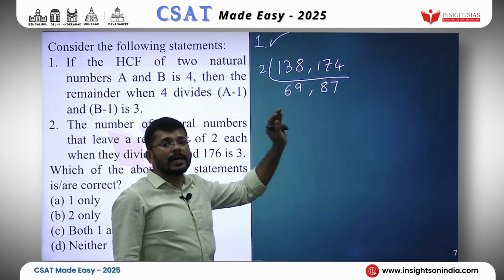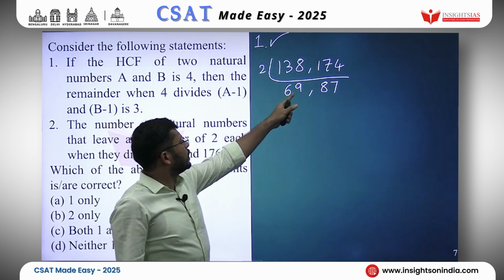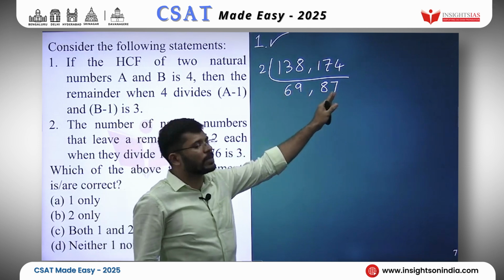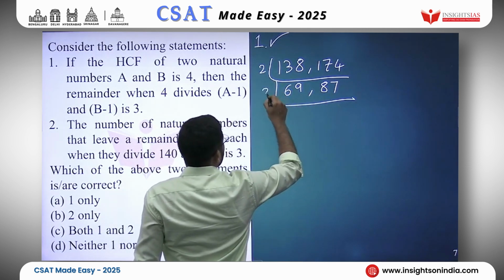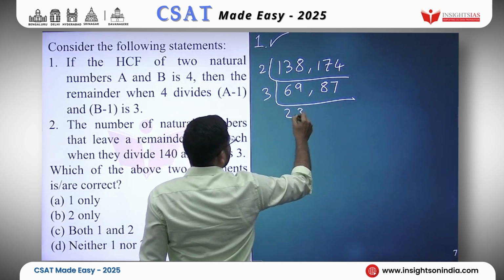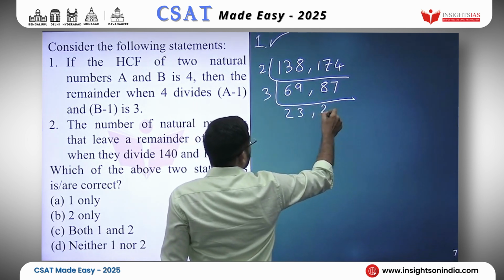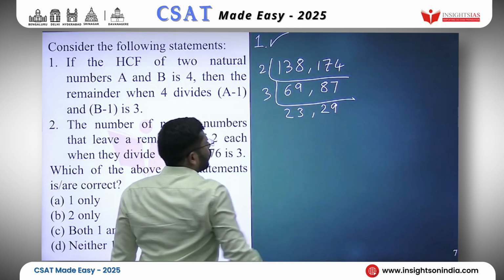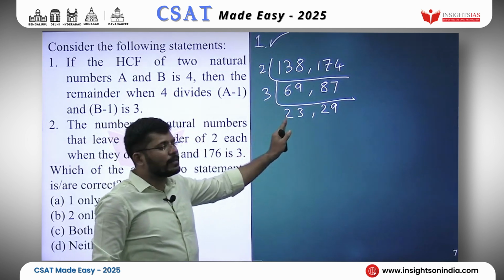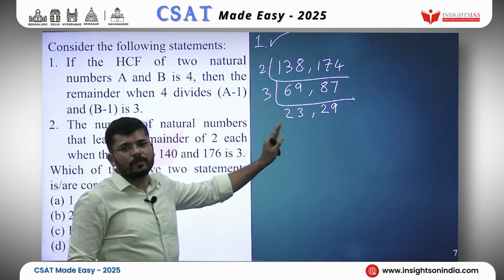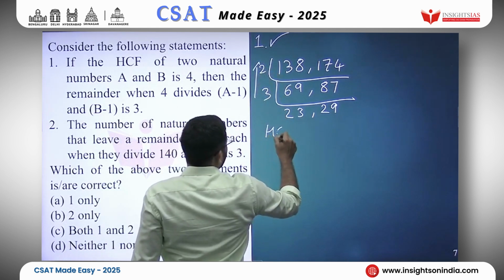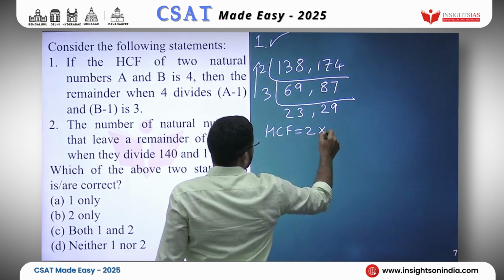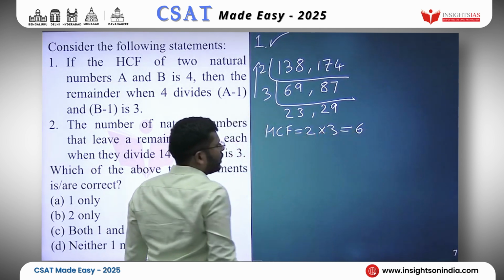Both happen to be divisible by 3, because 6 plus 9 is 15, and 8 plus 7 is 15, both divisible by 3. That gives 23 and 29, which do not have any common factor. So our HCF will be 2 into 3, that is 6.